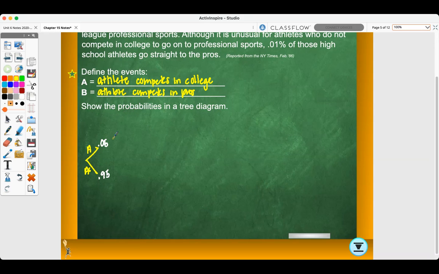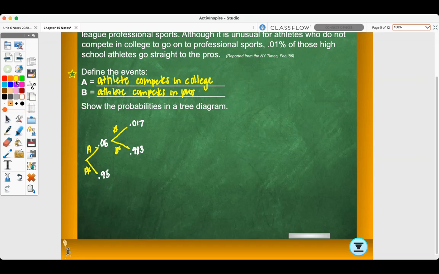So from here, you would compete in the pros or not. The probability that we compete in the pros would be B, and not would be B complement. And that would be 0.017 and 0.983.